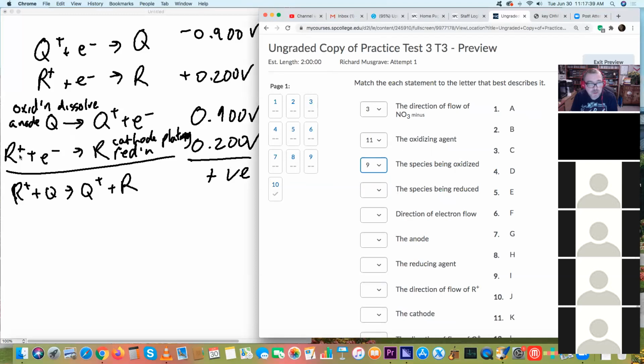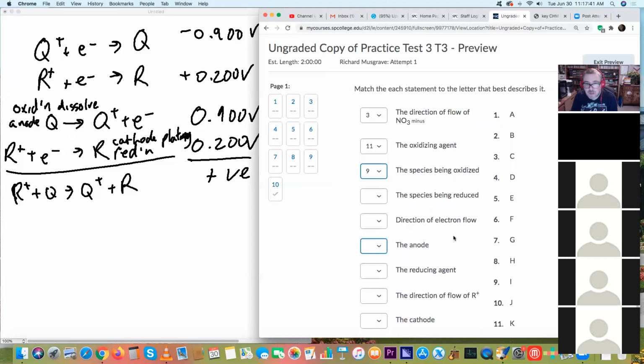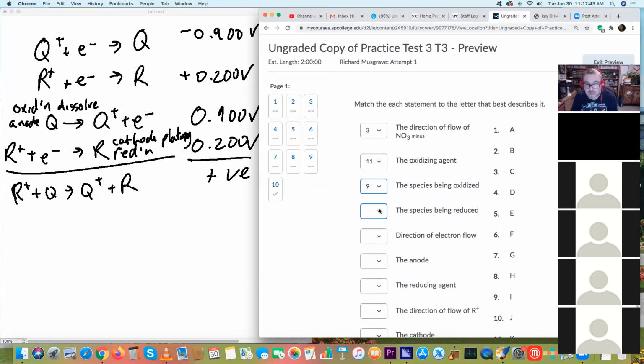You'll notice that the oxidizing agent and species being reduced, and the species being oxidized and the reducing agent, are always going to be the same. Not the same as each other, but you see the oxidizing agent and species being reduced, 11 and 11. They're always going to be the same.